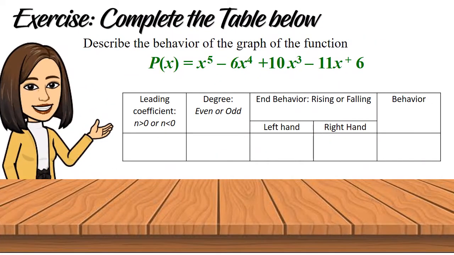Let's now have an exercise and complete the table below. Direction. Describe the behavior of the graph of the function p of x equals x raised to 5 minus 6x raised to 4 plus 10x cubed minus 11x plus 6.